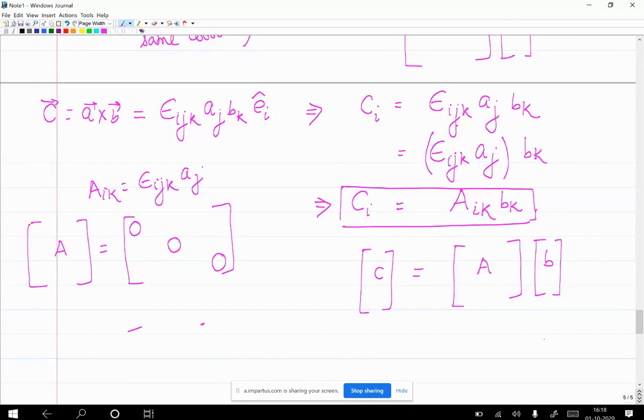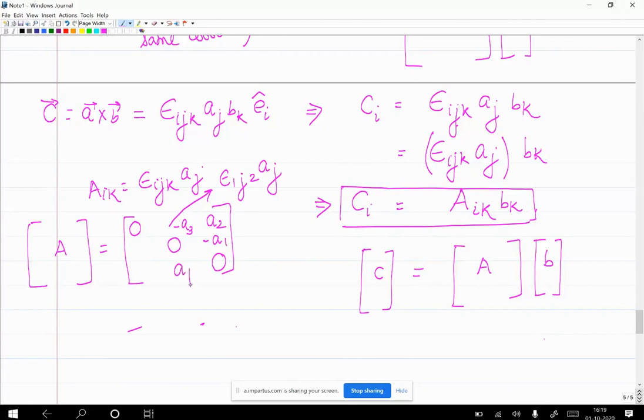Now come to A12. So A12 is epsilon 1j2 aj. Now epsilon 1j2 will be non-zero only when j is equal to 3. But epsilon 132 is minus 1. So what you have here is minus a3, isn't it? Likewise, you will see that this term here will be a2 and this term here will be minus a1.